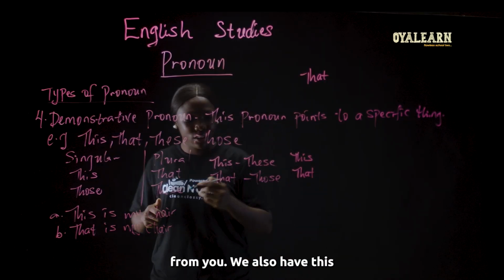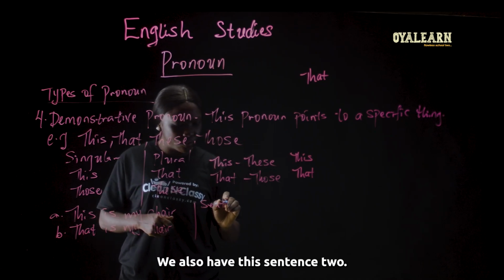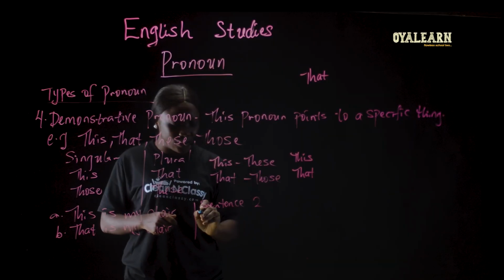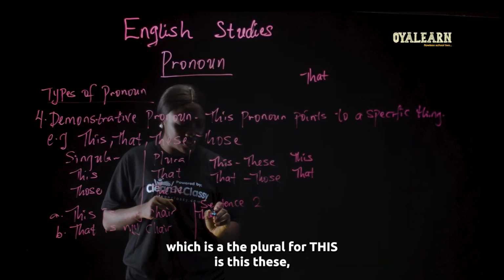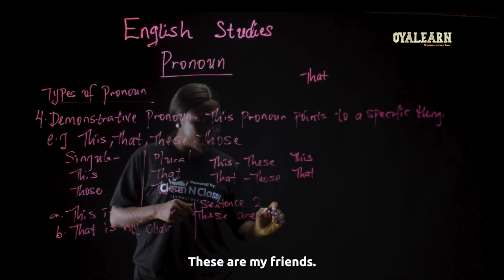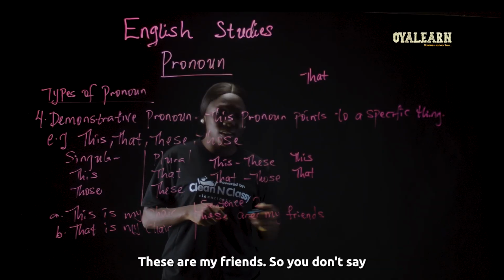We also have this sentence 2. We also have THESE, which is the plural for this. These are my friends. These are my friends.